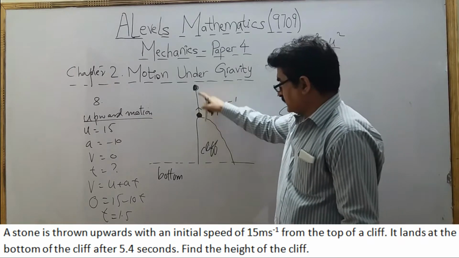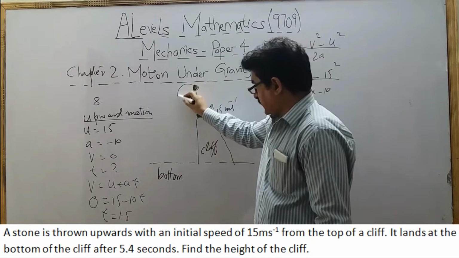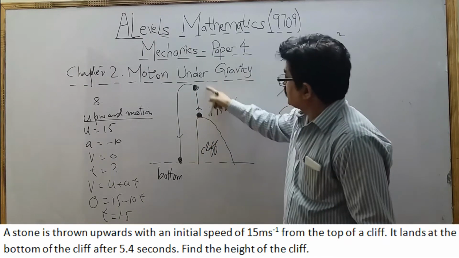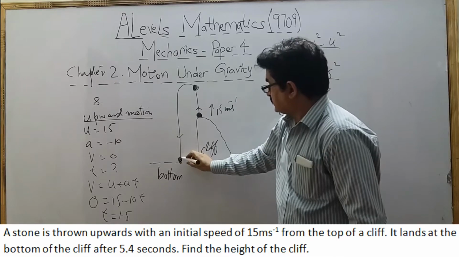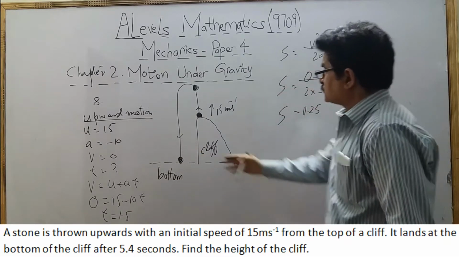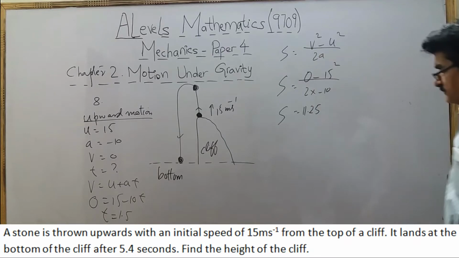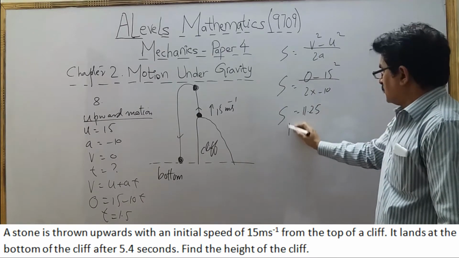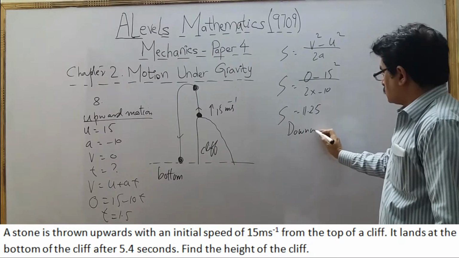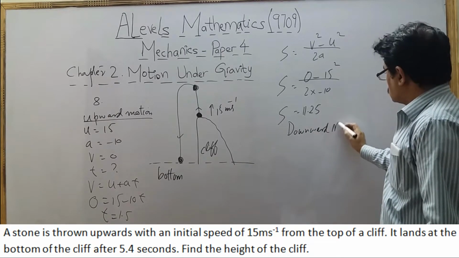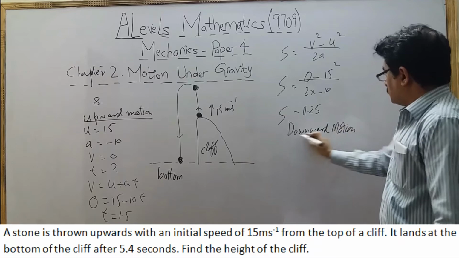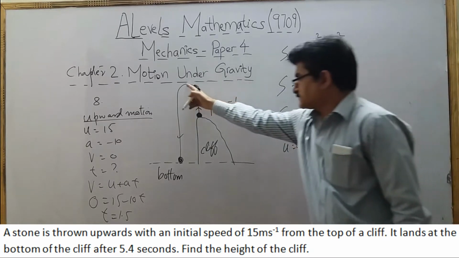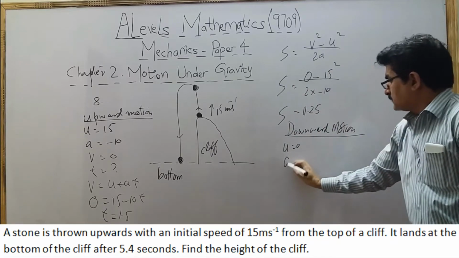Now read the question again, that it lands at the bottom of the cliff after 5.4 seconds. From this point to highest point, and then it will come back, and this total time from starting point to the point when it reaches the bottom is 5.4. So downward motion. Now for downward motion, we have u is equal to 0, because when it reaches the highest point, velocity becomes 0.